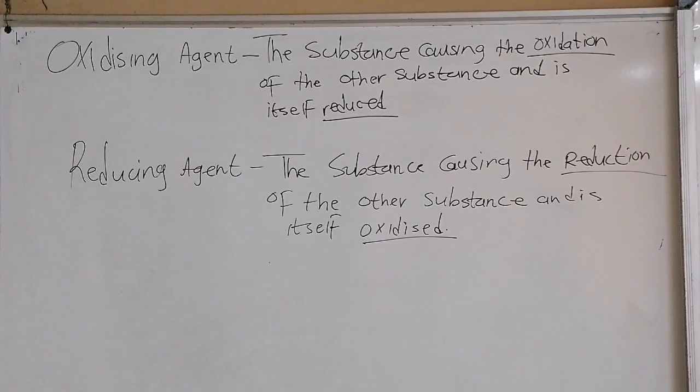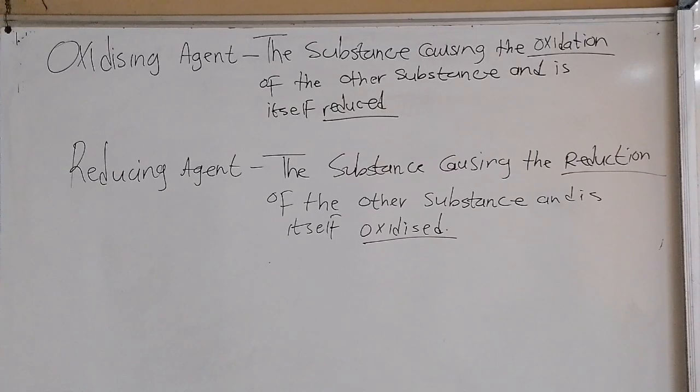Don't make this mistake. Some other learners are making this mistake: they say that the reducing agent is the substance causing the reduction of the other substance and is itself reduced, since they can see that they are defining the reducing agent. But at the end of the definition of the reducing agent, we have the word oxidized, not reduced. Do not make that mistake. When we define it, we say that it is the substance causing the reduction of the other substance and is itself oxidized.